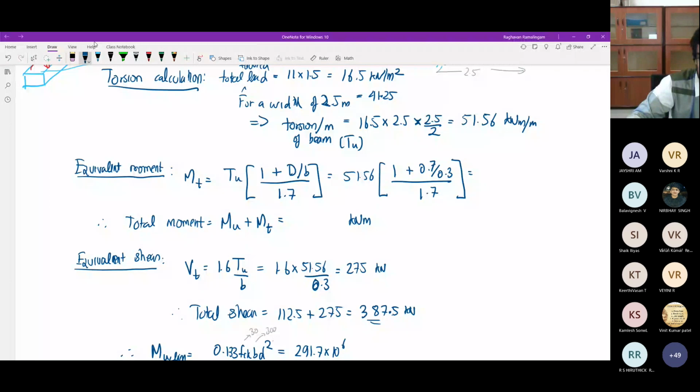Since the depth has been changed, the load won't be changed. Self weight will change a little bit, but that is marginal compared to everything else, so you can forget about it.